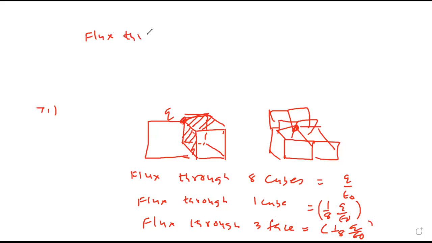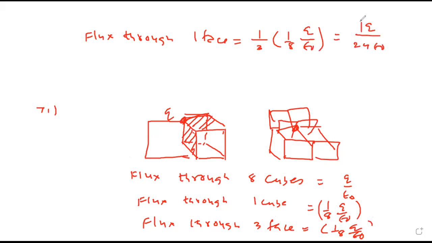So flux through one face will be 1/3 of 1/8 of Q upon epsilon naught, so 1/24 Q by epsilon naught.